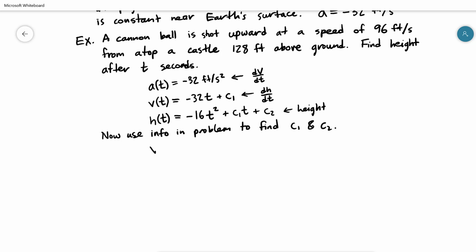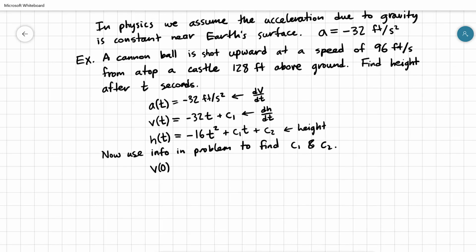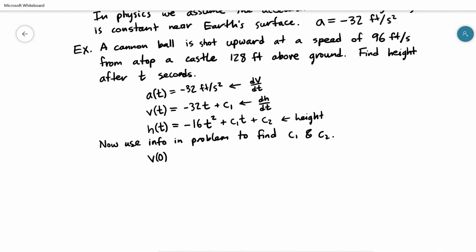So the first one is they tell us the velocity at time 0. It's assumed, based on the wording of the problem, when they say that the ball is shot upward at a speed of 96 feet per second, that is what we're going to call t equals 0. When the cannonball leaves the cannon, that's our t equals 0. And it tells us that at that point, the velocity is 96 feet per second.